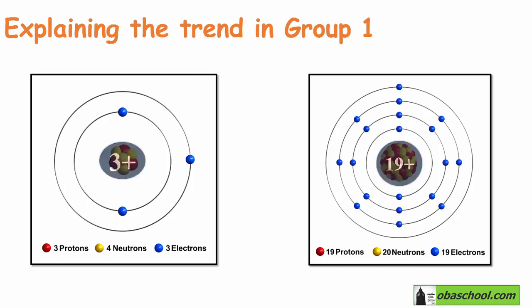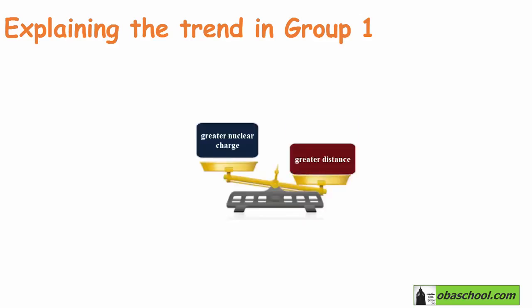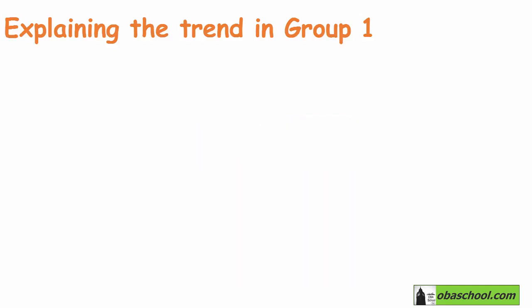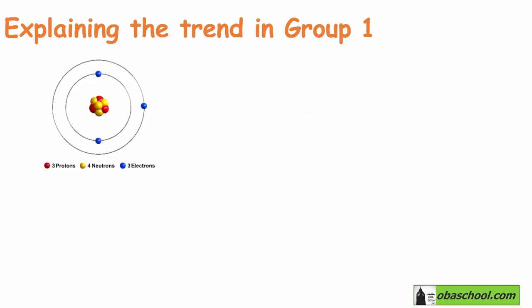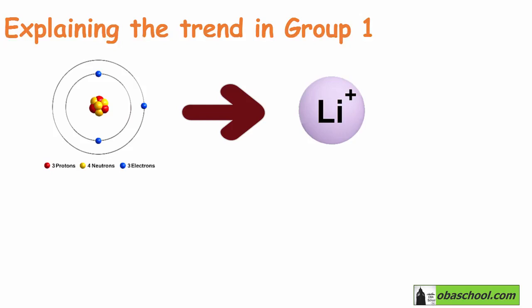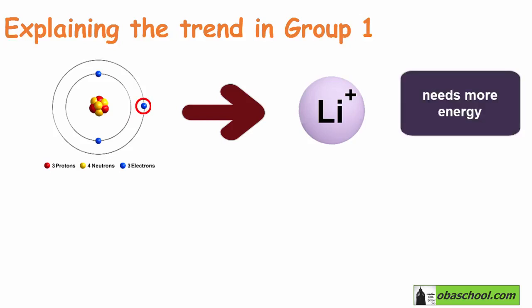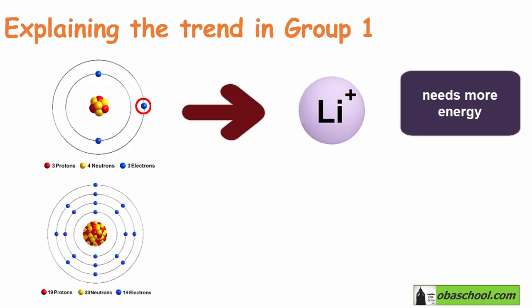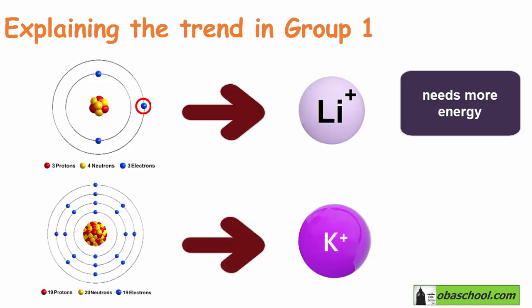However, pay attention. The greater distance and the shielding effect of inner electrons outweigh the increasing nuclear charge. So actually, to change from lithium to lithium ion Li+, so to lose this electron, it takes more energy than to change from potassium to a potassium ion K+.